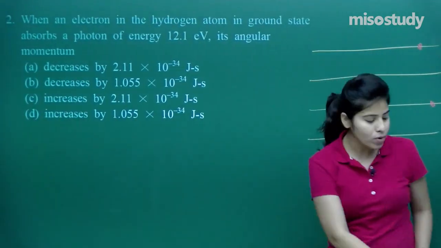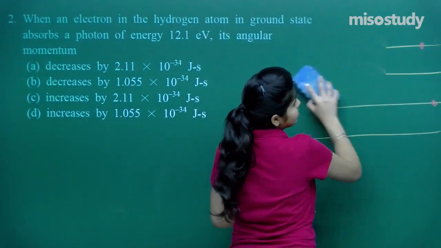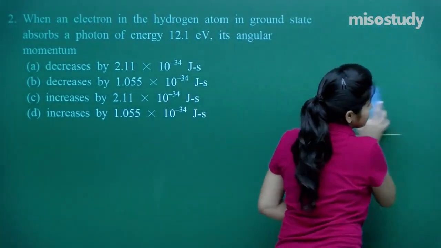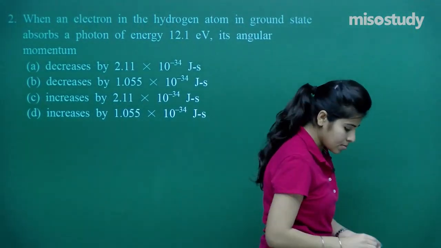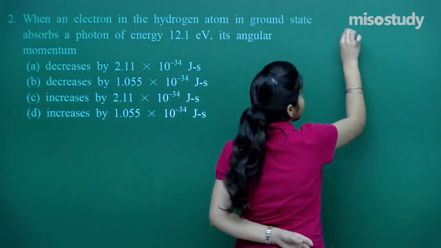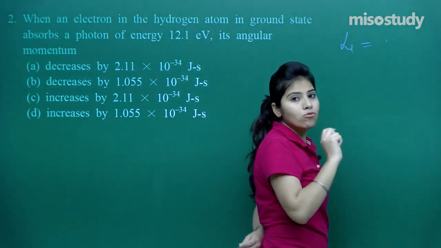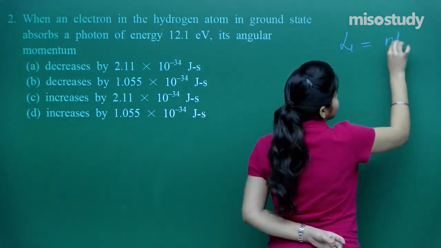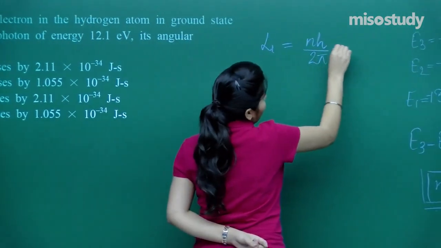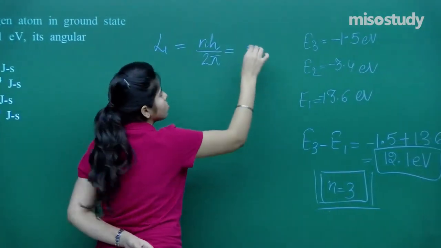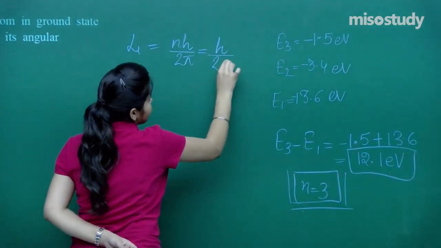Let me start by writing the angular momentum. Earlier, in the ground state, your angular momentum was nh upon 2 pi, and n is 1, so that is h upon 2 pi.